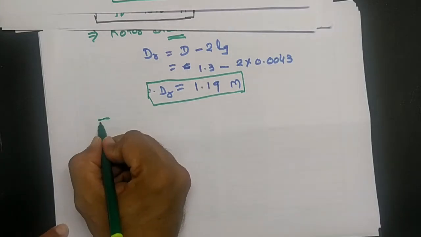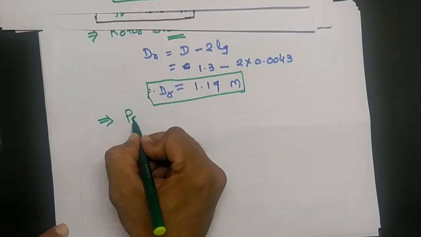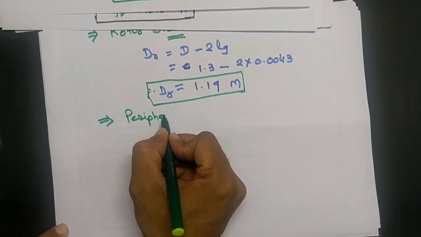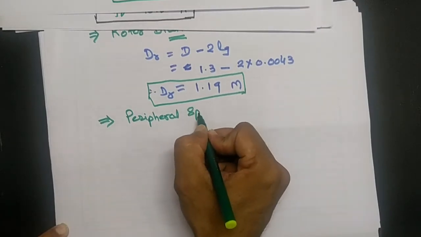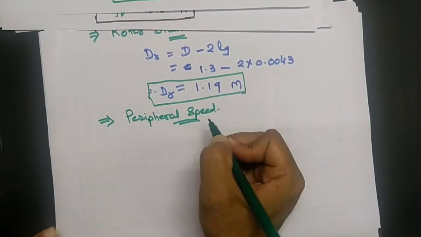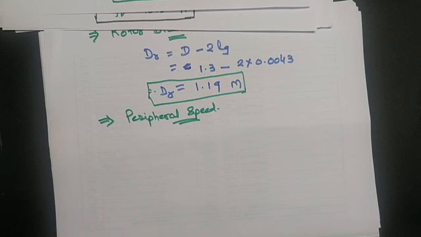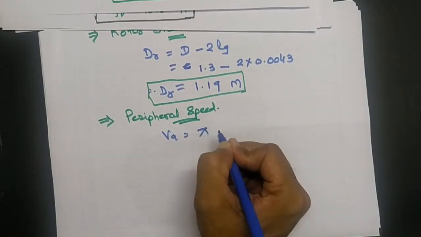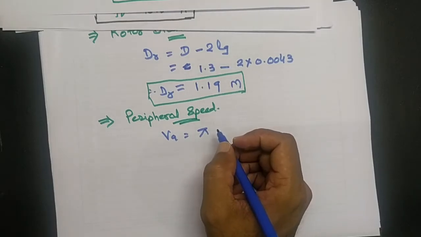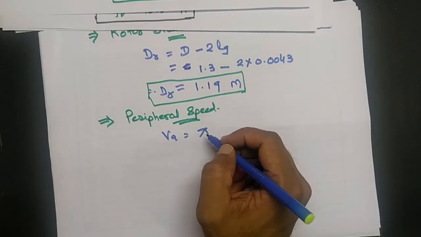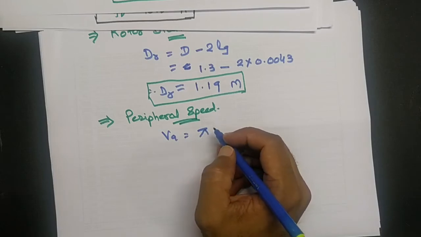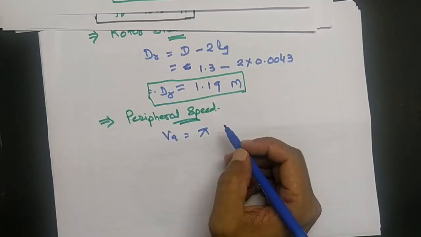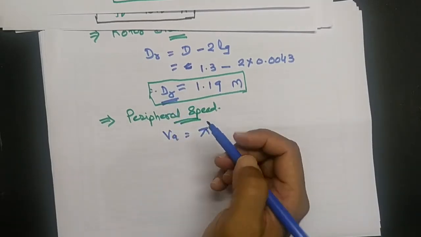Now the next part is peripheral speed. We have the equation for peripheral speed, va equals pi dr ns. Because our rotor is a rotating part, in calculating peripheral speed we first need the rotor diameter.